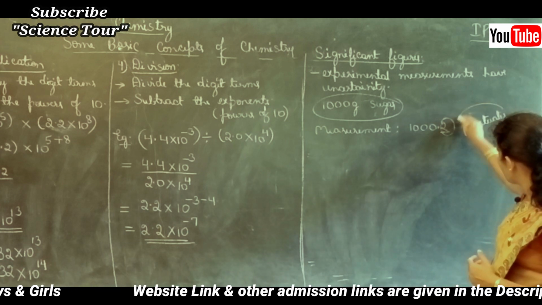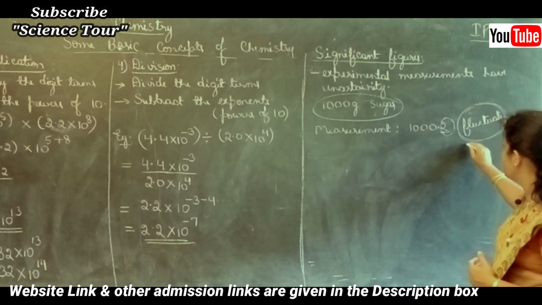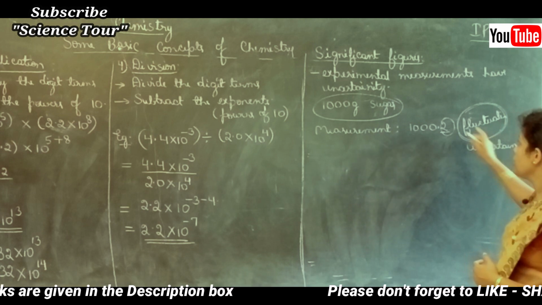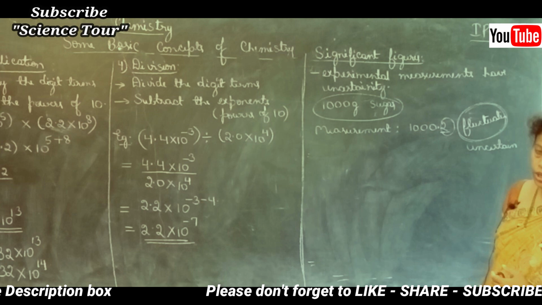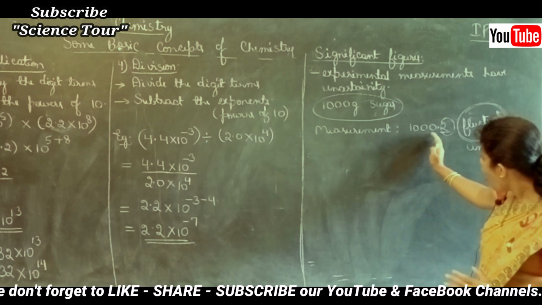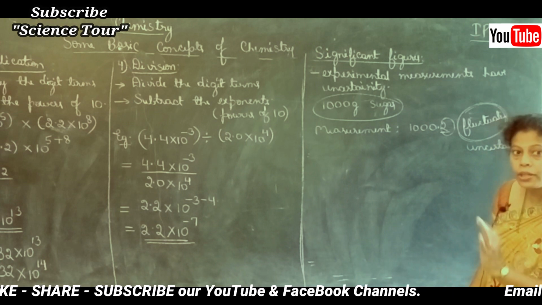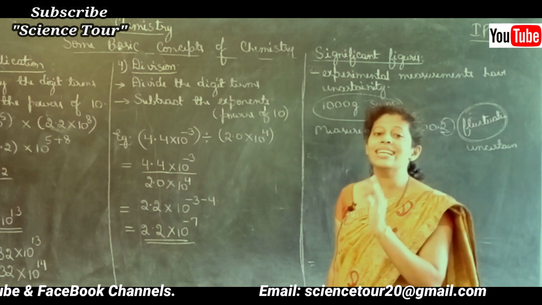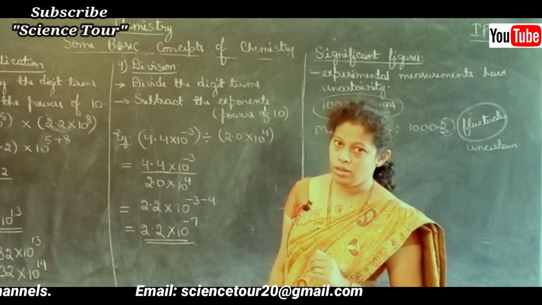Why? Because this last digit, the one which is fluctuating, is uncertain. So in every measurement we will have uncertainty. Even though all the digits are certain digits, the last digit of a measurement is generally uncertain.